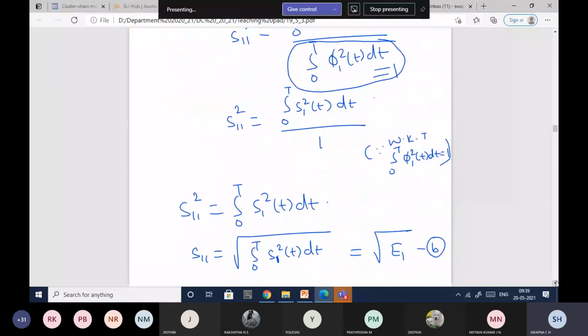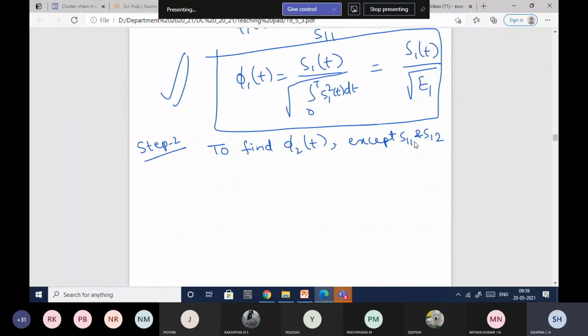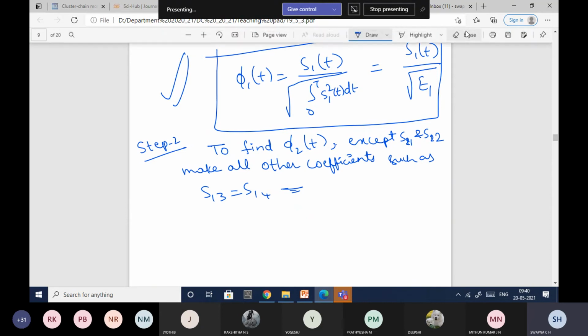Except S21 and S22, make all other coefficients such as S23, S24 and so on equal to 0 in equation 2.